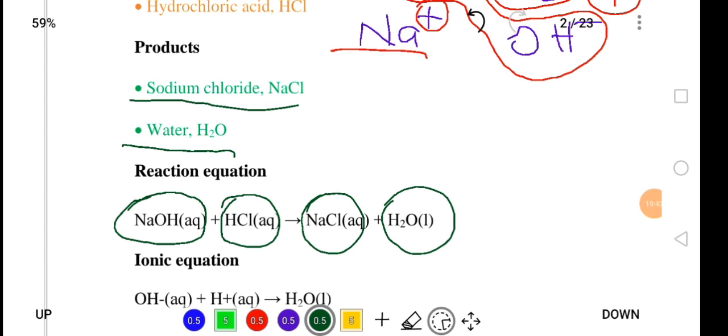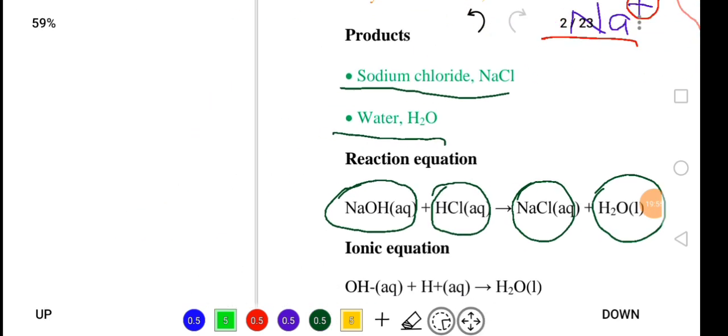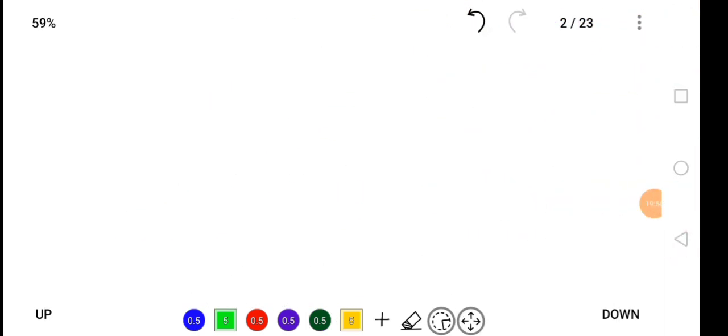Now, we can be asked to give our equations ionically. How are we going to present our answer? So we are going to write an ionic equation.